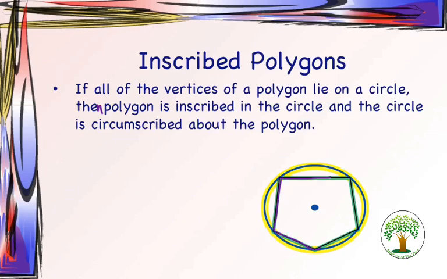Notice that this polygon is inscribed because all of the vertices are on the circle. That makes the circle, the yellow circle, circumscribed about the polygon.